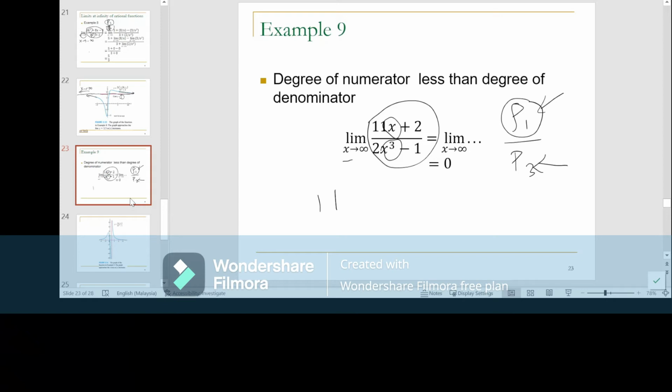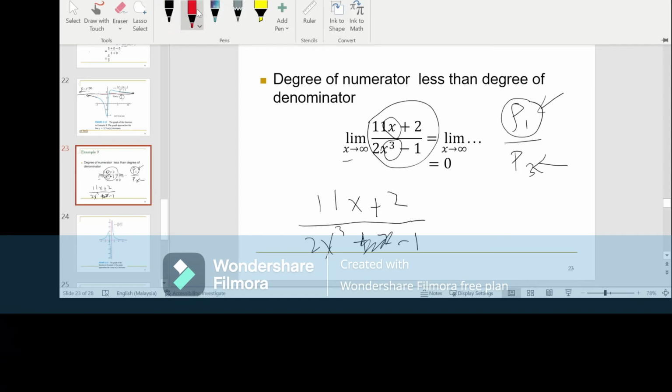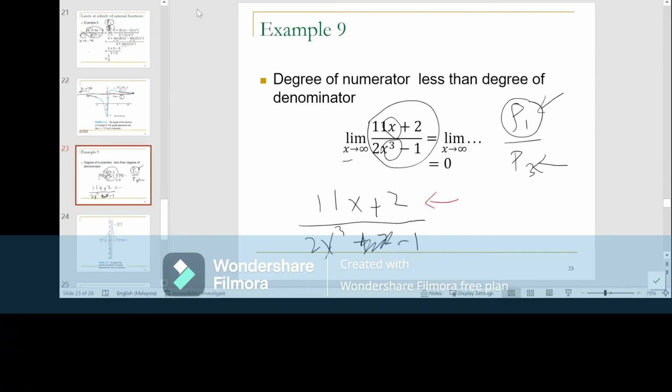So here you are comparing two functions, x plus 2, and compare it with 2x cubed minus 1. As x grows larger, which one do you think would get closer to infinity faster? Is the function upstairs going to become larger faster than the function downstairs?